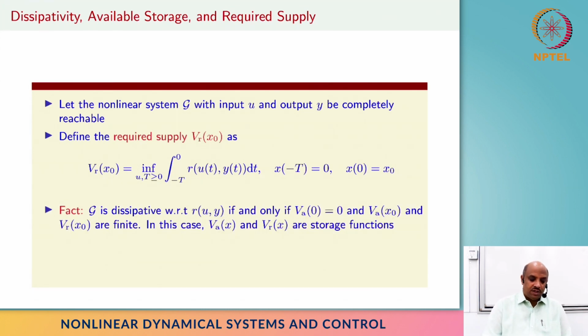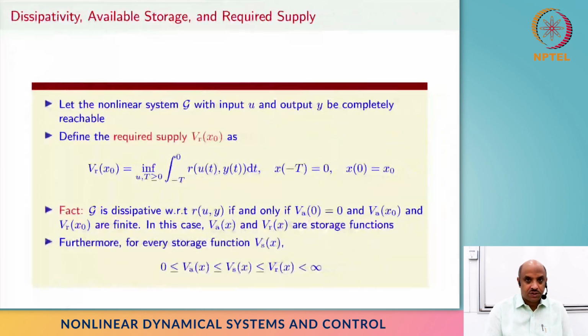So what's nice thing about all these concepts is, if G is dissipative with respect to R of u comma y, without ever talking about storage function, if and only if these two things, VA and VR, are finite, and they are going to be storage functions, right? So storage functions means it satisfies the standard storage function inequality that we presented in the first couple of slides, right? So not only that, every storage function that may exist beyond these two storage functions will be in the middle in terms of the inequality.